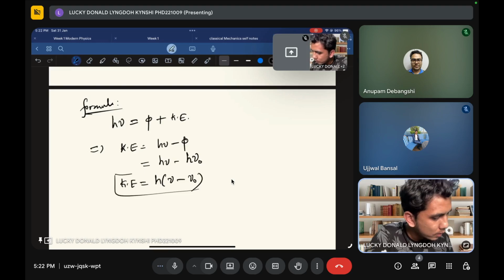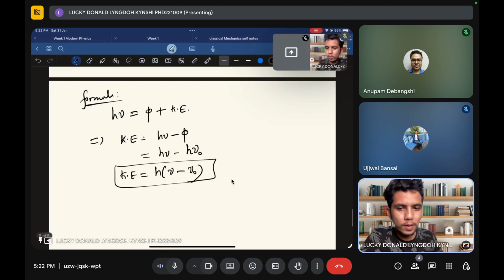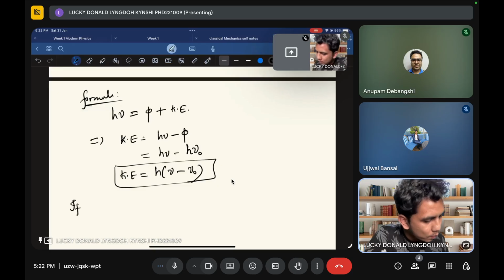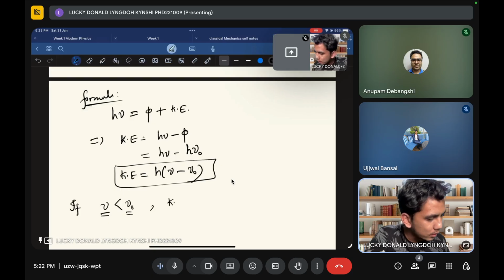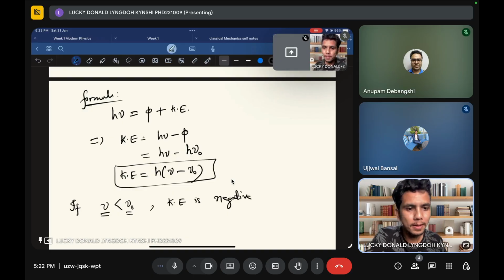Now see this problem. If mu is less than mu naught, where mu is the frequency of your incident light and mu naught is your threshold frequency, then what happens? The kinetic energy is negative, which is not possible, right?